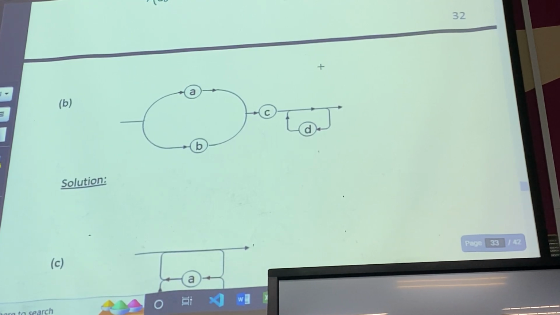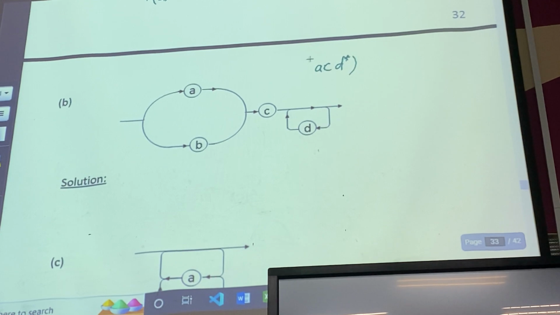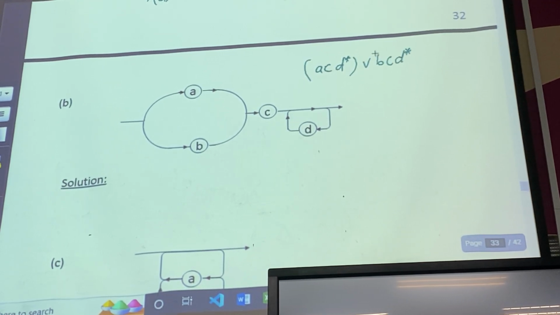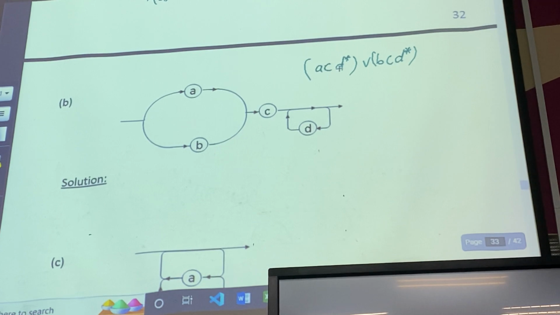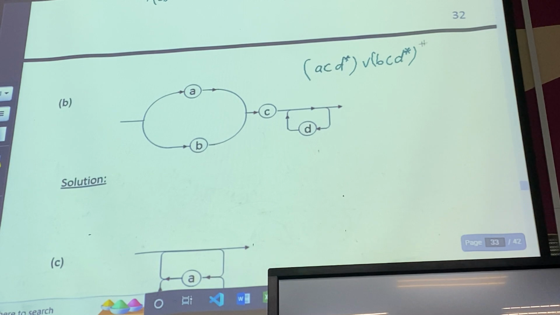Because of logical thinking, you can go through A, C, D asterisk or B, C, D asterisk. This is only a simple diagram and you already need to write like this. Later on, when you go to a more complicated diagram, it will be even longer, isn't it? So how do we simplify this so that it is not as long?